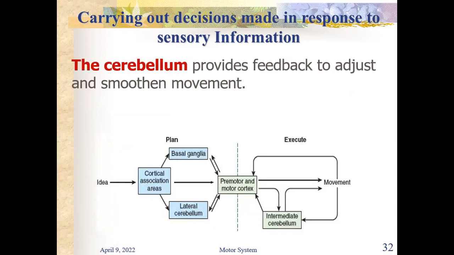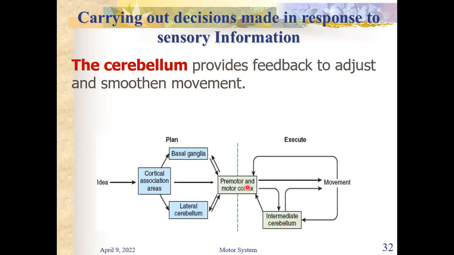So the cerebellum provides feedback to adjust and smoothen movement. It will also provide a feedback. The cerebellum is here. So the cerebellum will provide a feedback either via the extrapyramidal system by having connections with the extrapyramidal system, or it provides a feedback to the motor cortex.